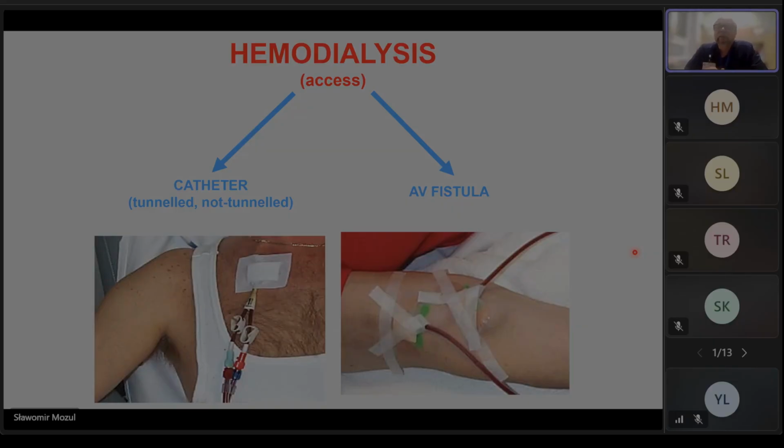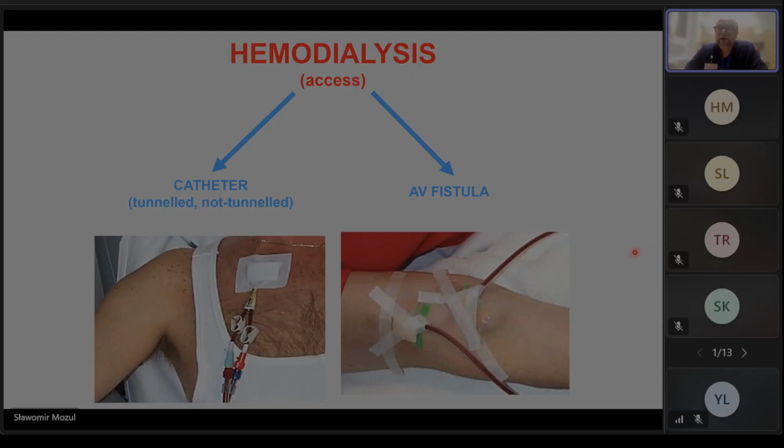During hemodialysis, we need to deliver the patient's blood to the dialyzer, and there are several methods to achieve this. In hemodialysis, two primary methods are used to gain access to the blood: an intravenous catheter and an arteriovenous fistula.